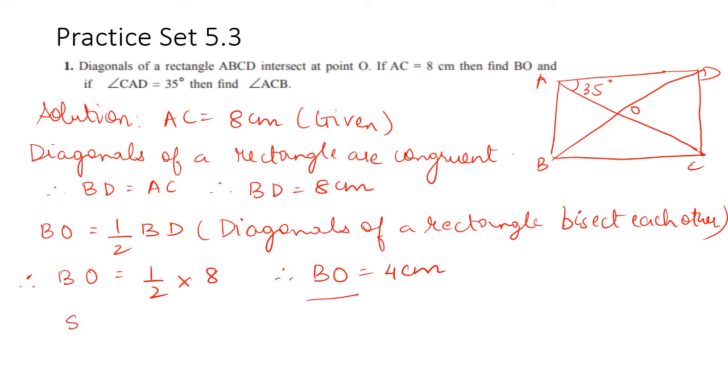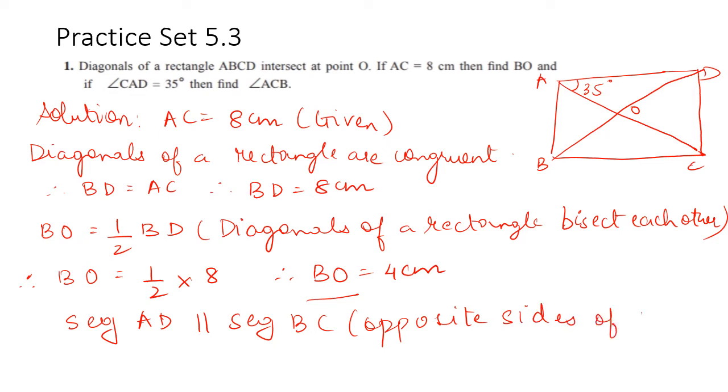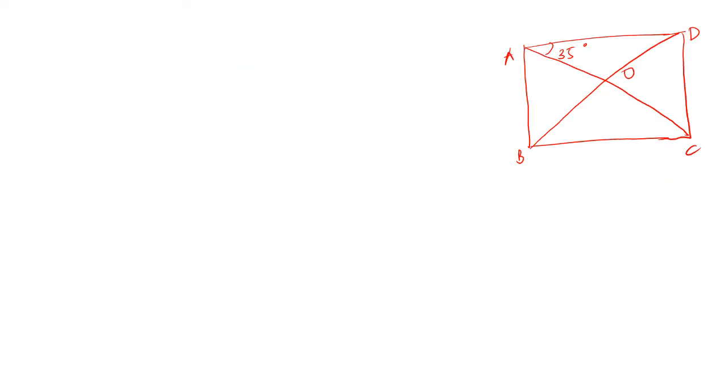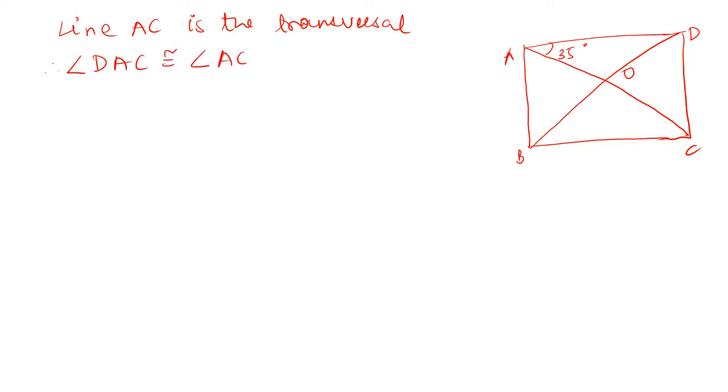Now they say find the measure of angle ACB. So segment AD is parallel to segment BC. Why? The reason is opposite sides of a rectangle are parallel. So with that we can prove that, and line AC is the transversal. So with that we can prove that angle DAC is congruent to angle ACB.